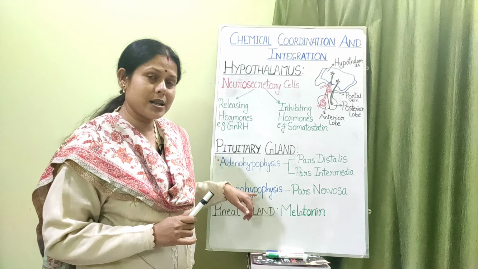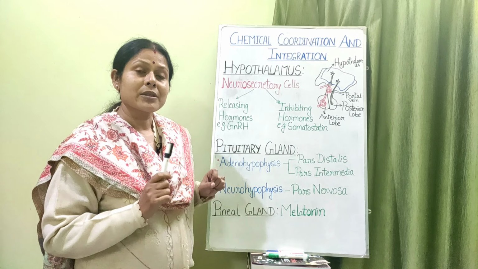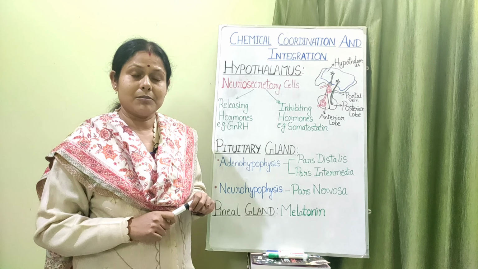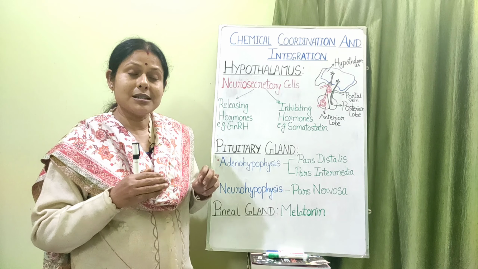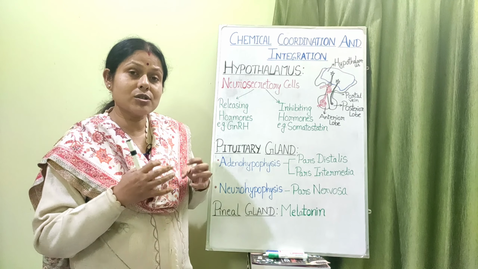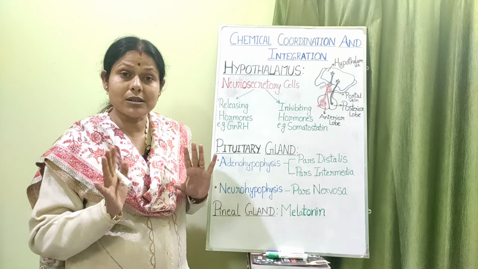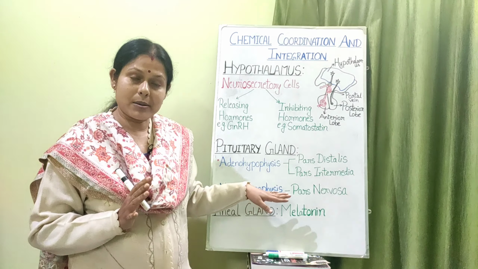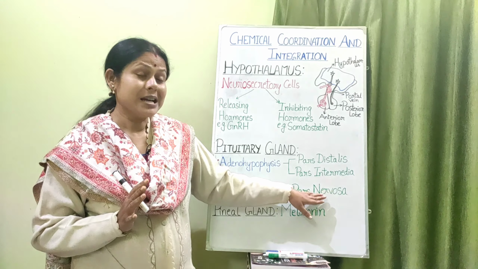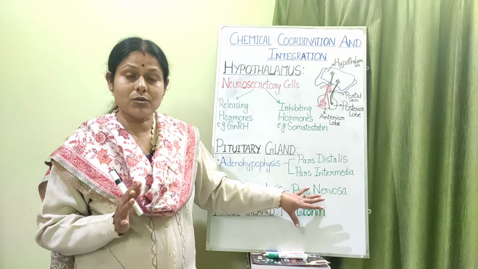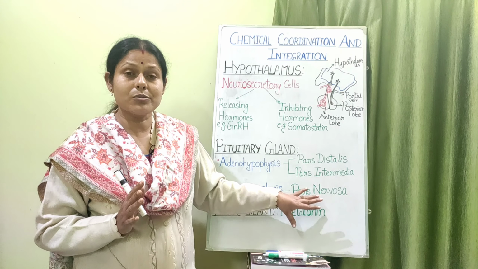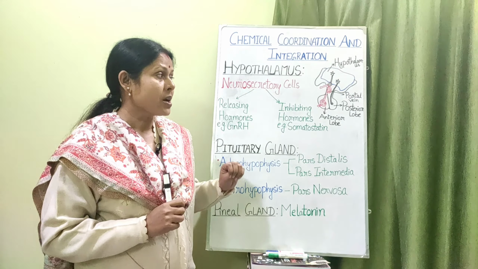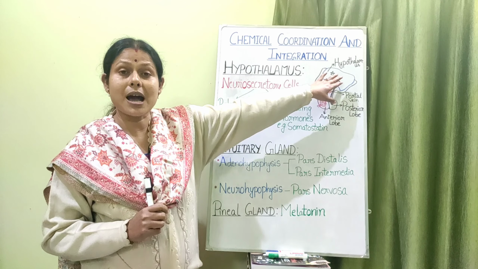See, the word neuro has come, why? Because here it is just releasing the secretions which are stored over there, but the secretions are not made there. That is the pars nervosa, the neurohypophysis is known as pars nervosa. It is not secreting the hormones itself; oxytocin and vasopressin are not secreted by it. Where are they secreted? They are secreted in the hypothalamus.